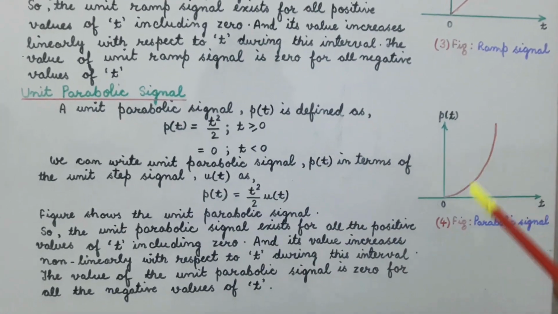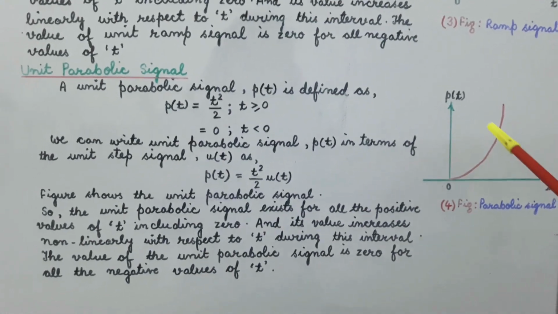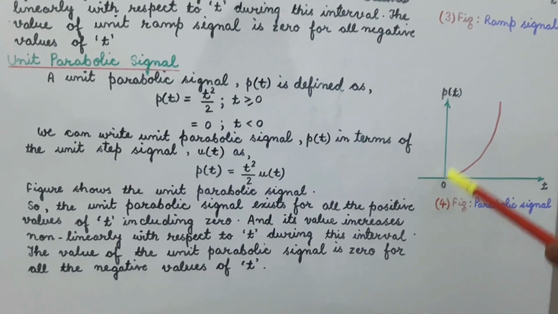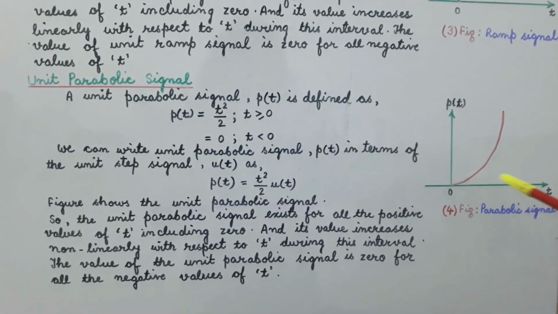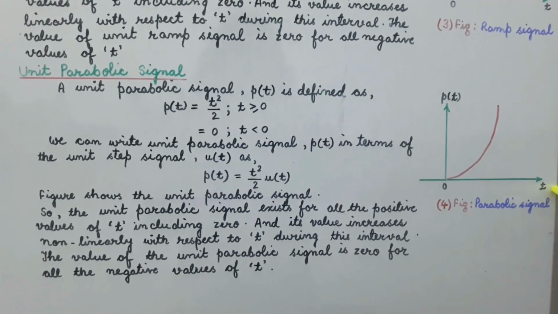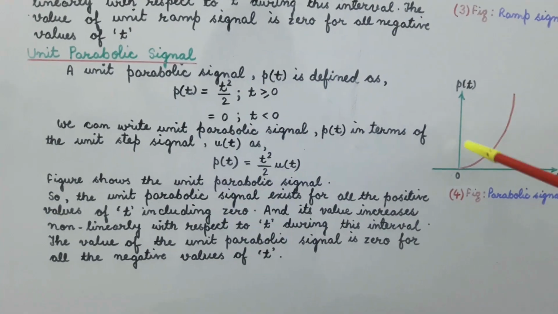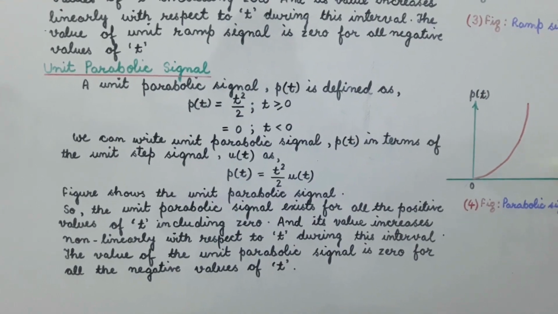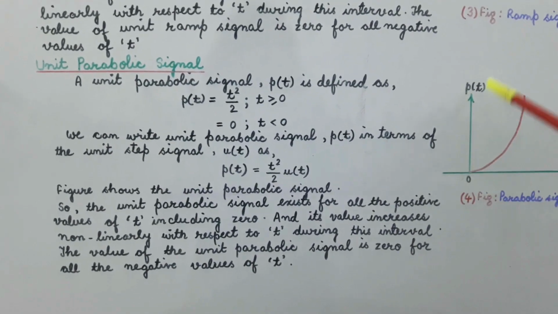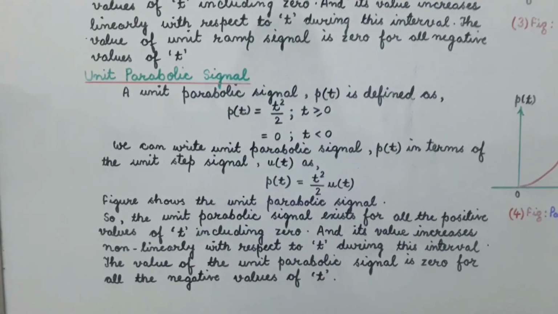This has been represented graphically as shown in the fourth figure. In this figure we find that the unit parabolic signal exists for all positive values of t including 0, and its value increases non-linearly with respect to t during this interval. We also find that the value of this parabolic signal is 0 for all the negative values of t.